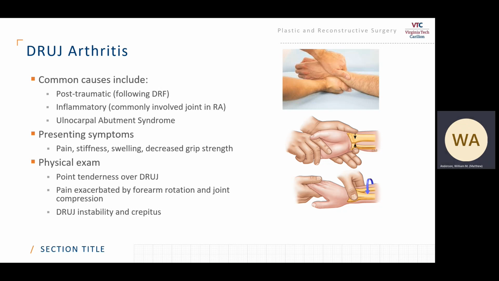The presenting symptoms, similar to other wrist arthritides, are pain, stiffness, swelling, and decreased grip strength. On physical exam, there's typically point tenderness over the DRUJ. Pain is usually exacerbated by forearm rotation and joint compression, and you can also see DRUJ instability and crepitus.